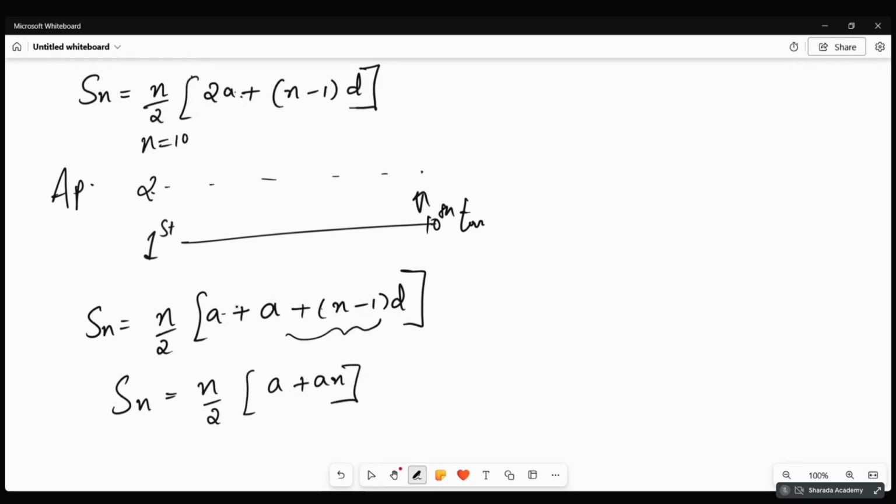Both are the same. This is because a plus n minus 1 into d is an. If you know the an value, directly you can put it here and calculate. So these two are the formulas we use to find the sum of the first n terms in an AP. Clear, right?